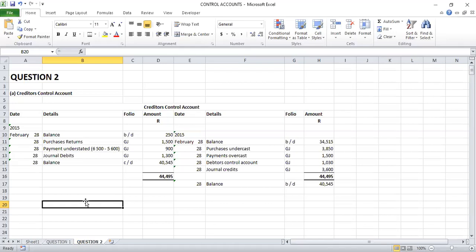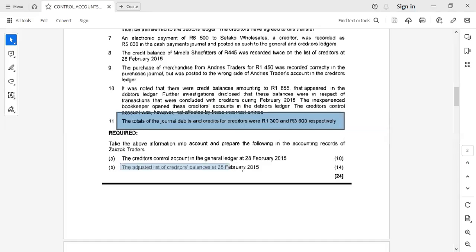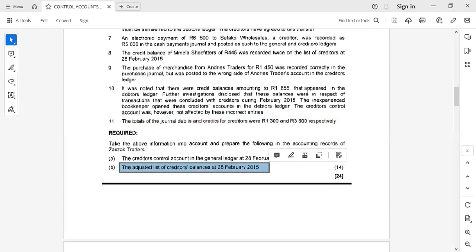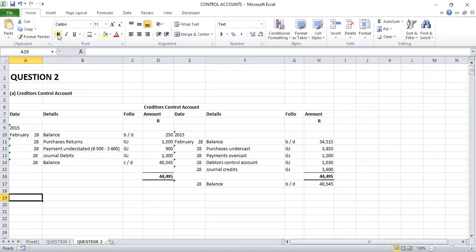Any question on the creditors control account? Happy? Right. Then part B, it then says the adjusted list of creditors. Right, then we'll do the adjusted list of creditors.